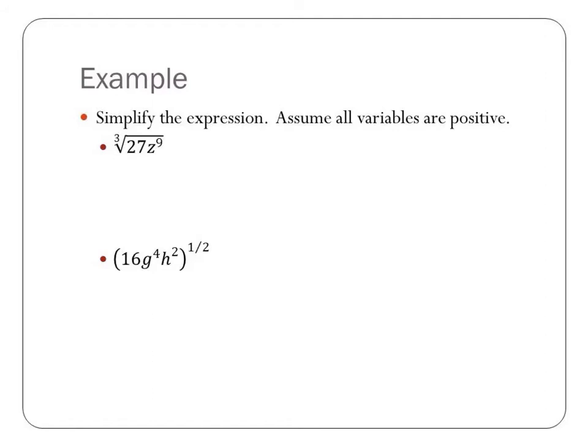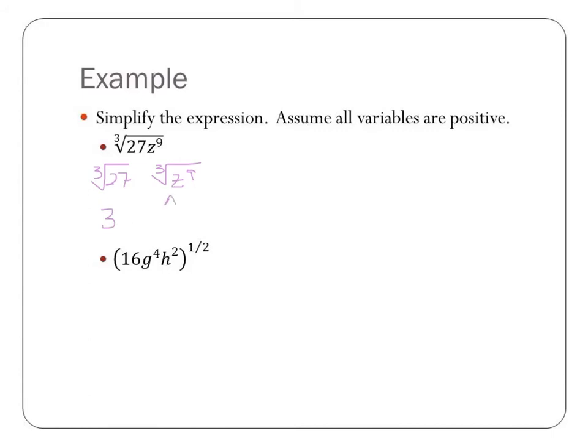All right, so simplify these expressions, and we're assuming our variables are positive. So I would think about this as the cube root of 27 and the cube root of z to the 9th. Okay, it's using your product property, separate it. Cube root of 27 is 3, so that's good.